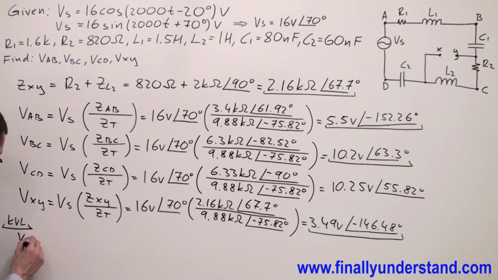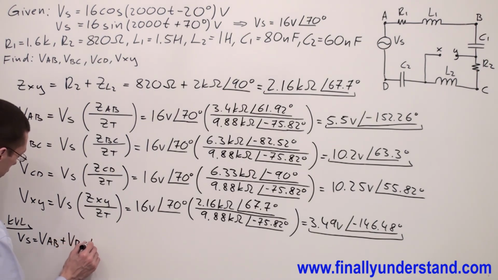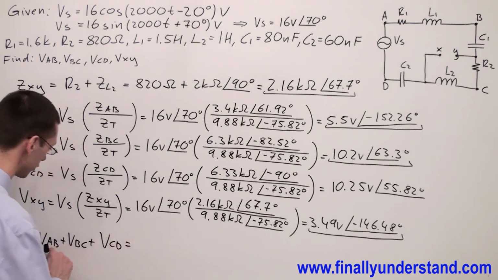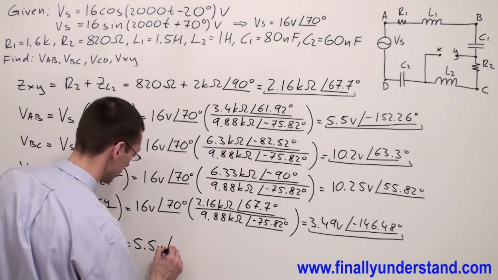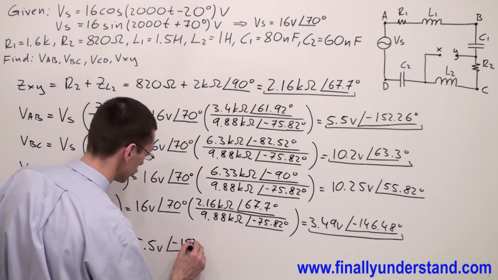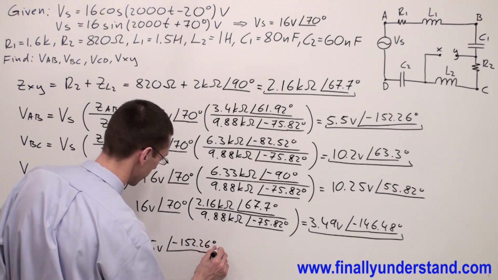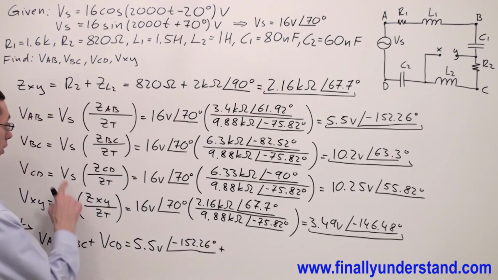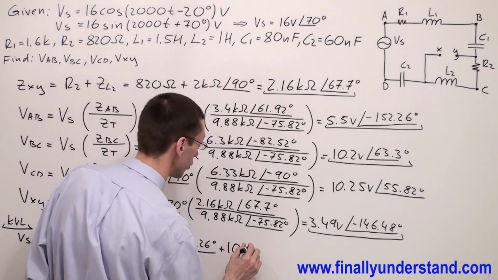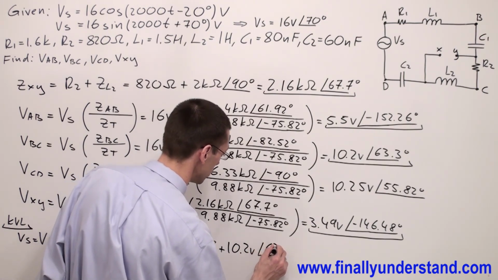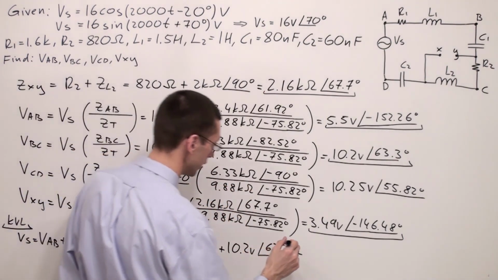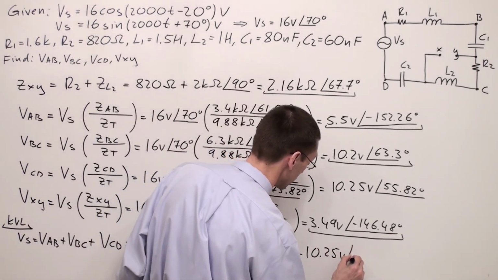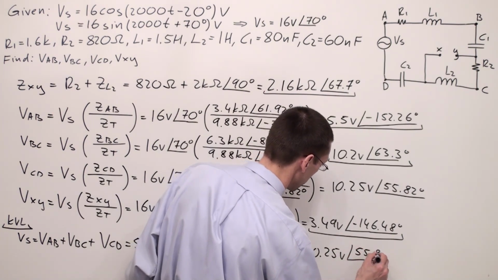So if voltage source is equal VAB plus VBC plus VCD, where VAB we found is equal 5.5 volts and an angle of negative 152.26 degrees, plus VBC equals 10.2 volts and an angle of 63.3 degrees, plus VCD is equal 10.25 volts and angle 55.82 degrees.